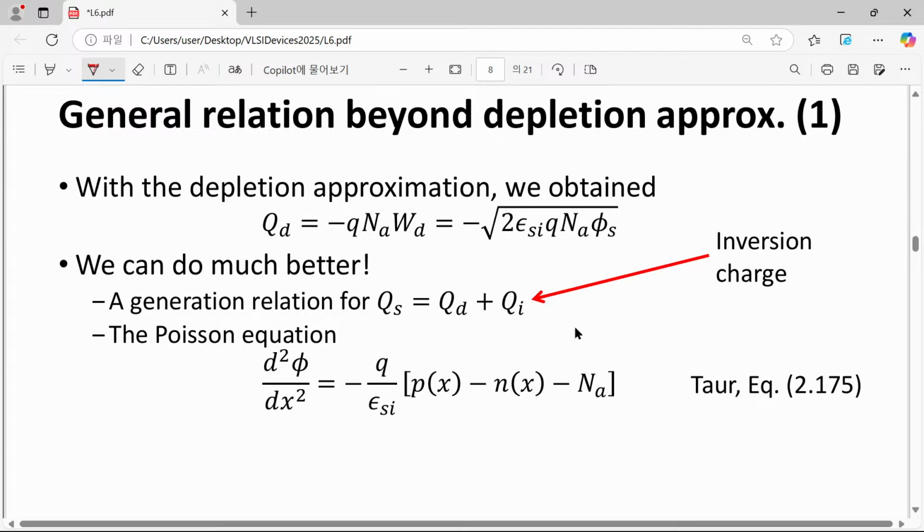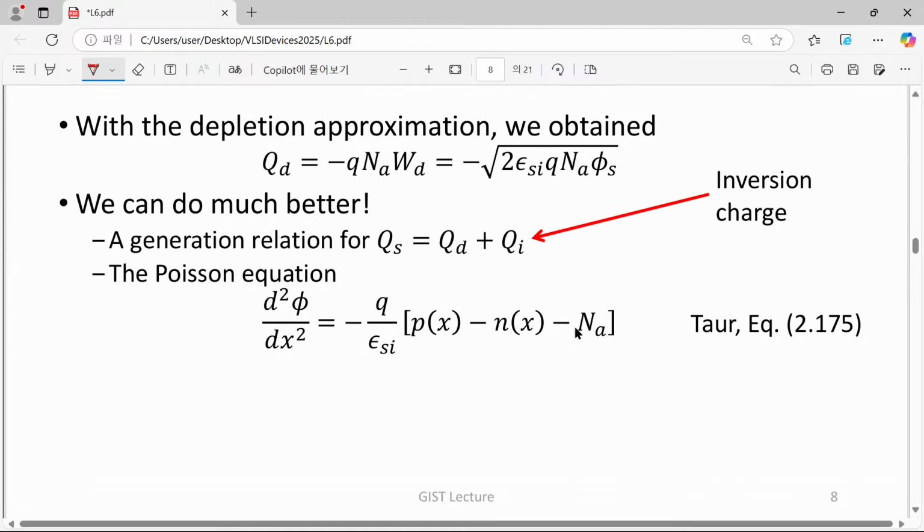But I can say that as much as the MOS system is involved, the MOS equation and the equation we will see from now on, these two are the most important ones. So, okay. Any question before starting tons of equations? Okay, then if you don't have any question, let's come back.